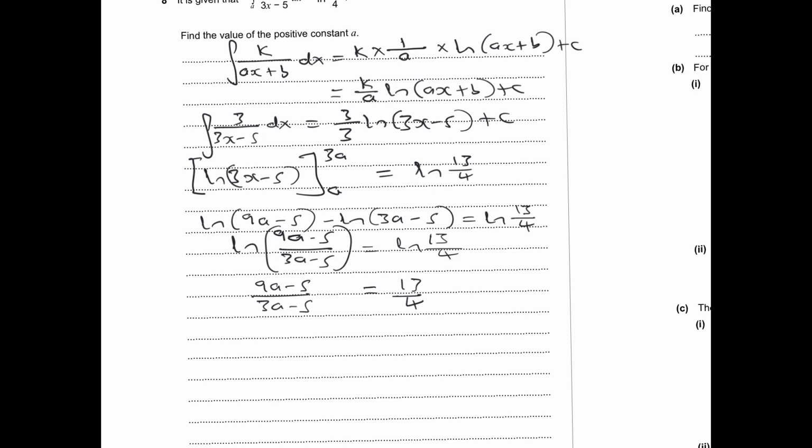So we have a fraction this side, a fraction this side. We can get rid of these fractions by cross multiplying. So we have that equal to that.